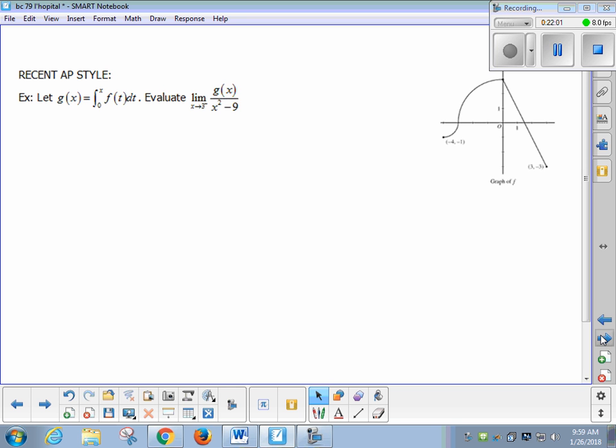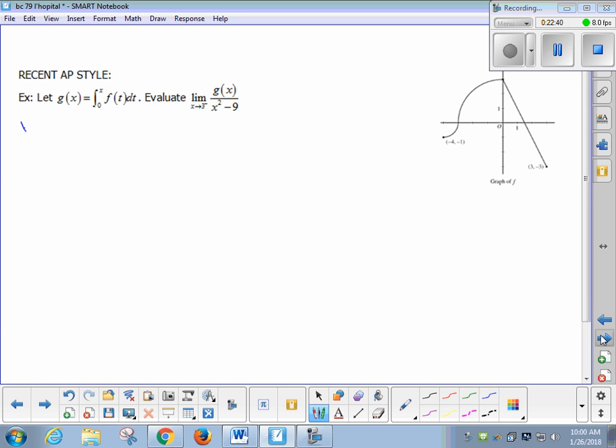This was one on a practice exam that College Board released last year, I think. At any rate, you've got G is an integral defined function, an antiderivative function, an area accumulation function. All those things are what goes through my mind when I see that. The limit as x goes to 3 of g over x squared minus 9. As x goes to 3, what is g approaching? G of 3 is the integral from 0 to 3.